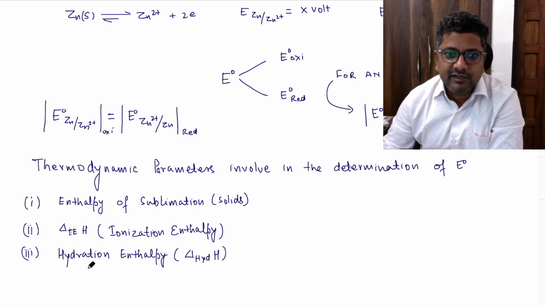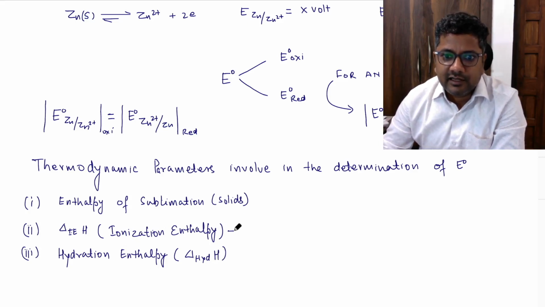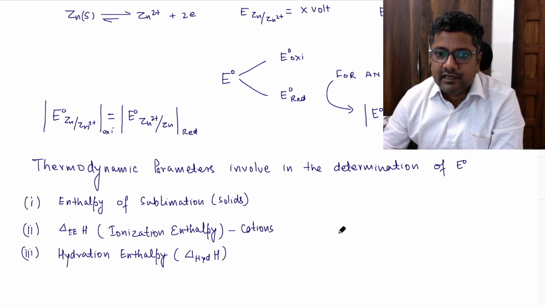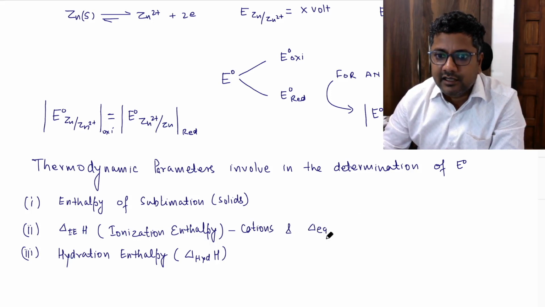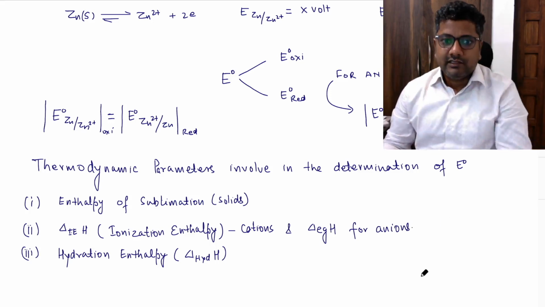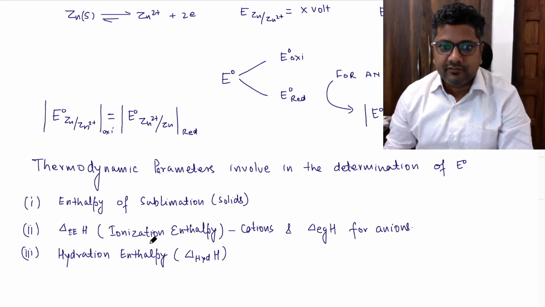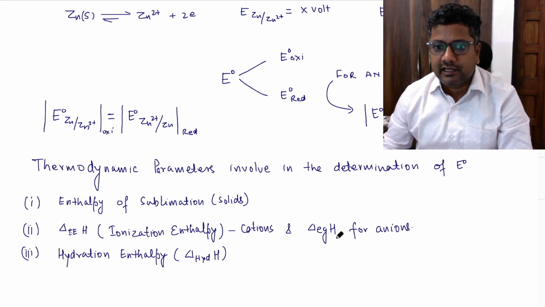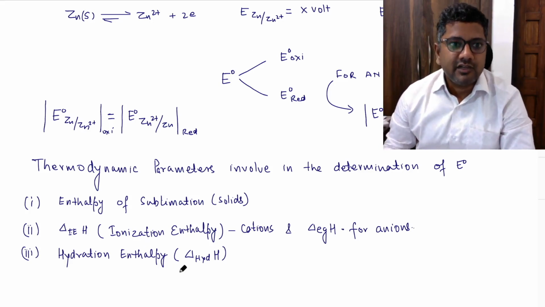So ionization enthalpy, hydration enthalpy, and ionization enthalpy for cations, and electron gain enthalpy for anions, right? So enthalpy of sublimation, enthalpy of ionization for cation, delta electron gain enthalpy for anions, and hydration enthalpy.